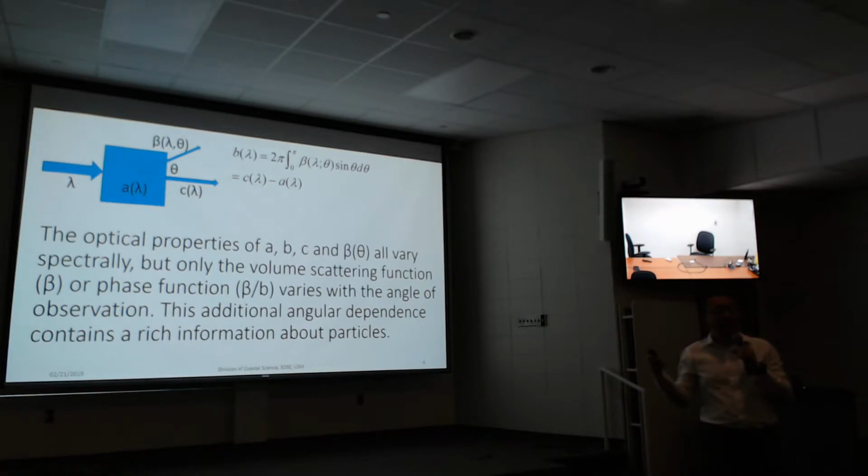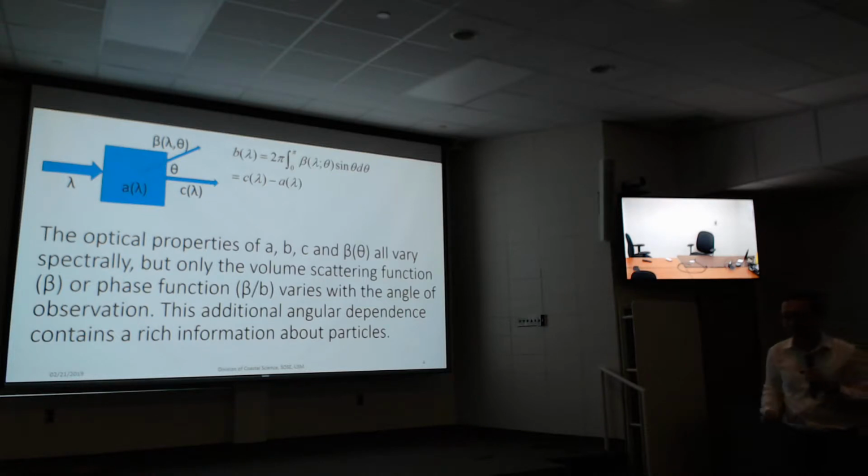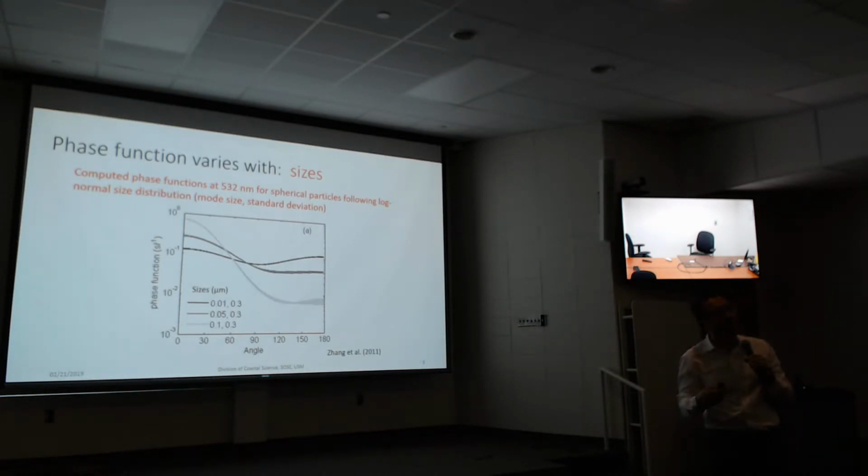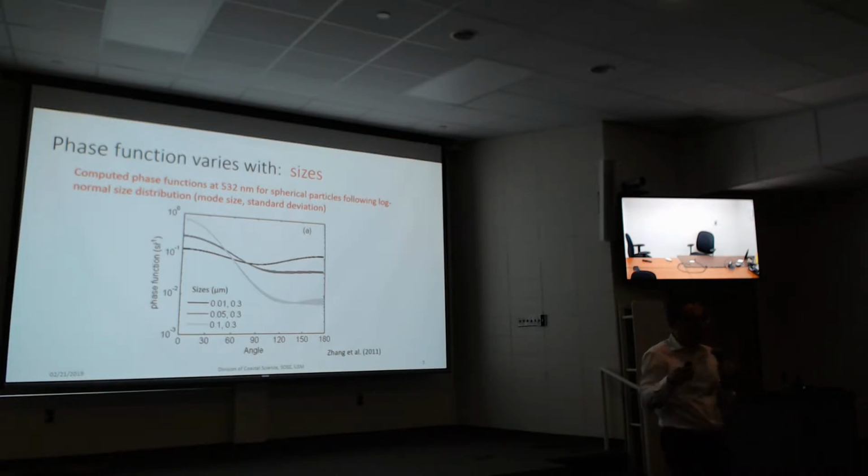So this additional angular dependence contains rich information about particles. The idea is, if we can look at this, we can probably study more about what the particles are. So what kind of information does this angular distribution of scattered light contain? Number one, it contains information about the size of the particle. Smaller and bigger particles scatter light differently.